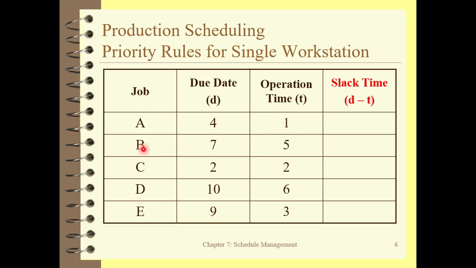Job B needs 5, C needs 2, D needs 6, and E needs 3, right? And each job has a due date. Like job A, you should complete it within 4 days, or time units. This is the example or the exercise that we are going to deal with today.